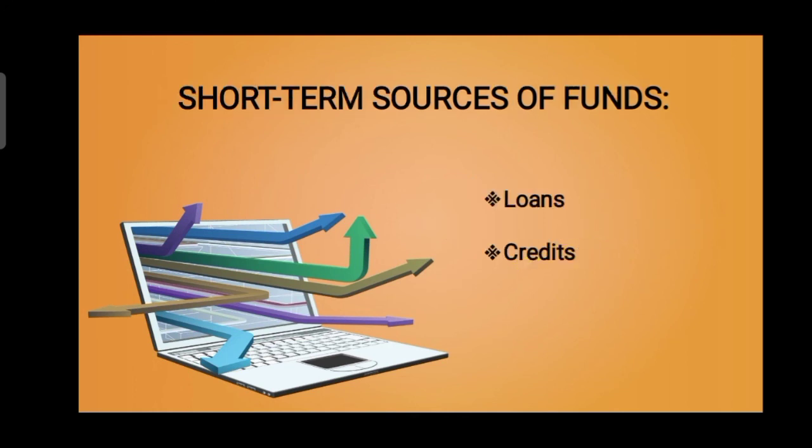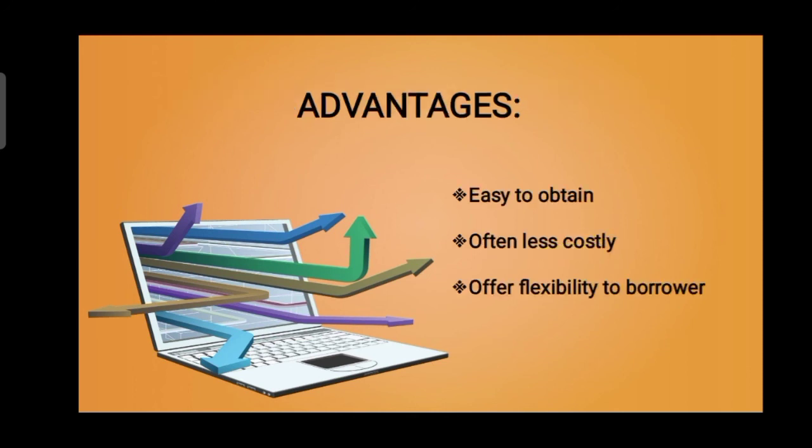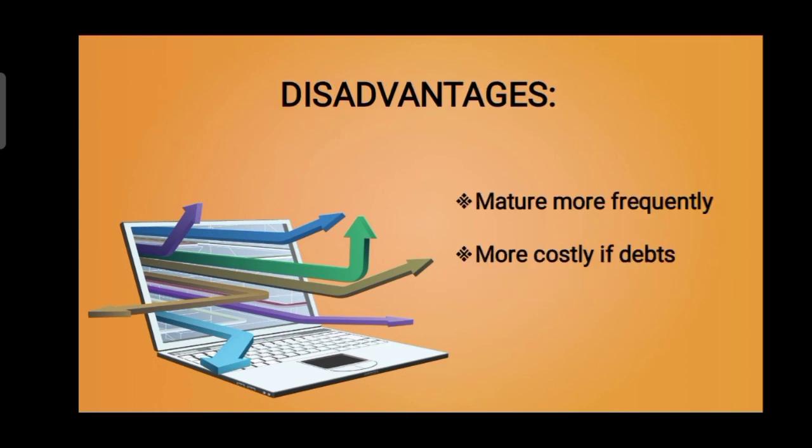The short-term sources of funds include loans and credits, and its advantages are that it is easy to obtain, often less costly, and offers flexibility to the borrower. However, it also has disadvantages, which are that it matures more frequently and is more costly if in debt.